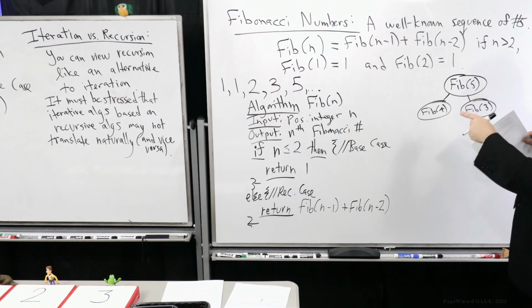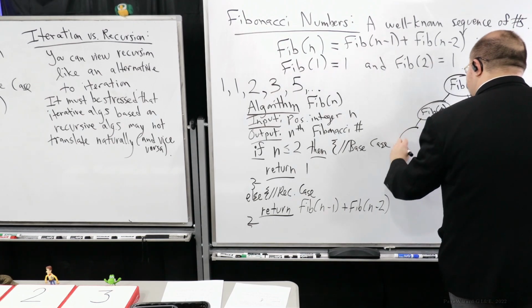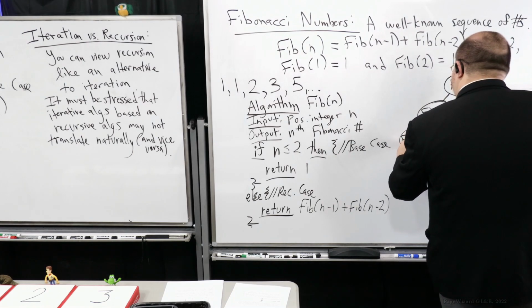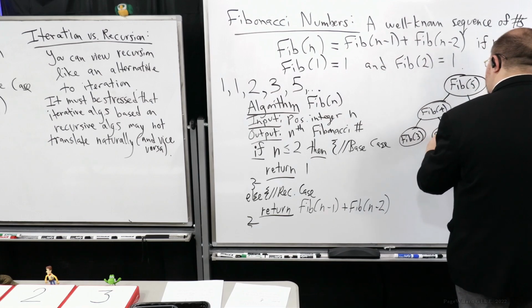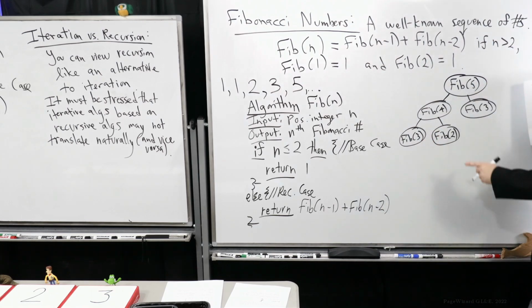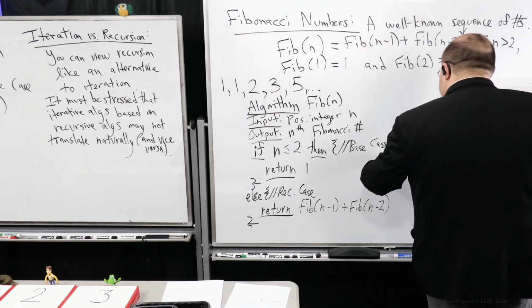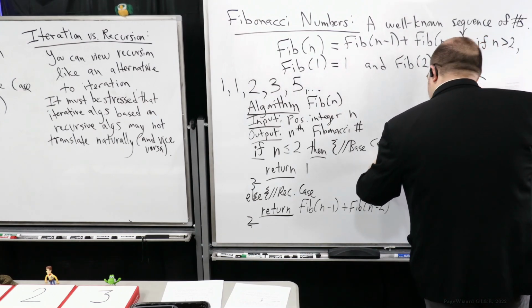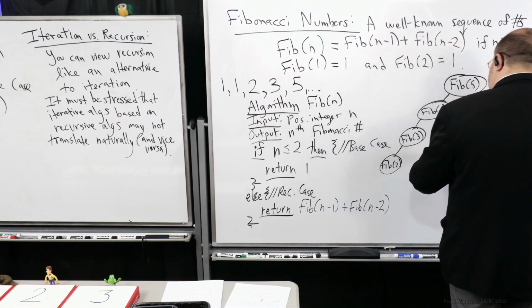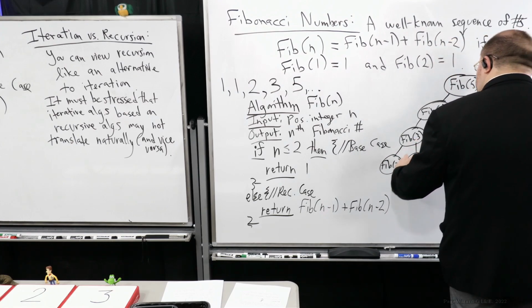But to get the answer to each one of these, I have this one, I need the answer of fib of 3. And this one, I need the fib of 2, right? To get the answer to fib of 3, I need the answers of fib of 2 and the answer of fib of 1.